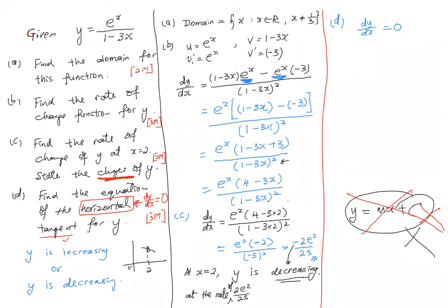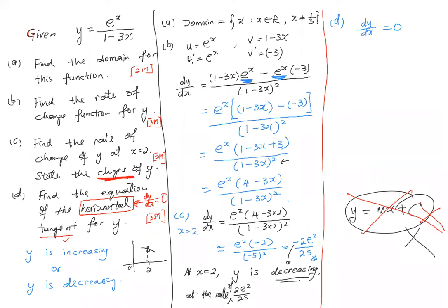Can you tell me the dy dx expression, Xinyi? You have done it already. It's in A, B, or C. I don't know, you go and find. At C? At C is when x equal to 2.